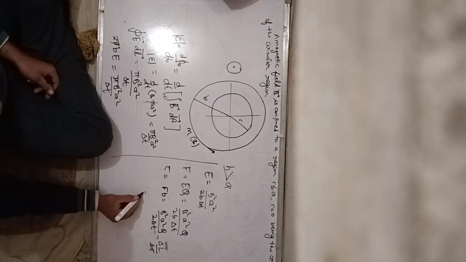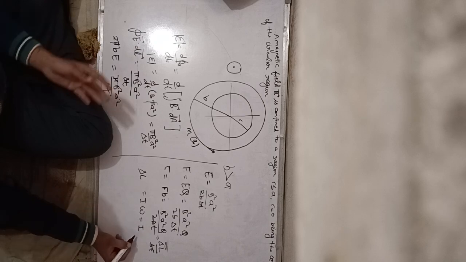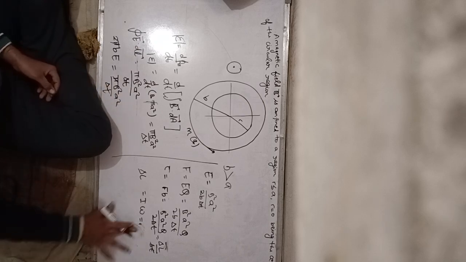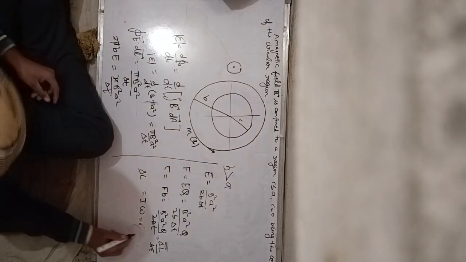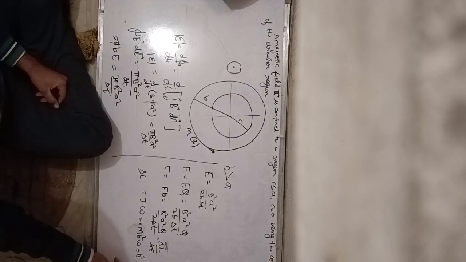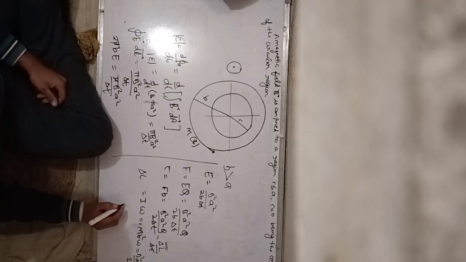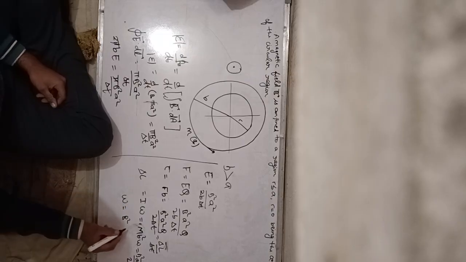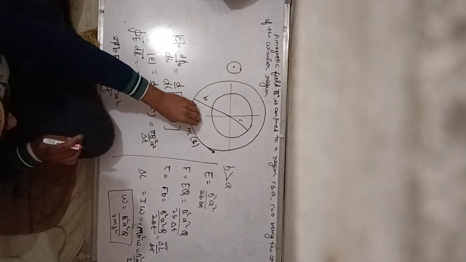We cancel our delta t, and delta L is I omega, where I is the moment of inertia, and for a ring of radius b, I is m b square. So m b square omega equals B A square Q upon 2, and then omega will be B A square Q upon 2 m b square. So this will be the angular velocity of that ring.